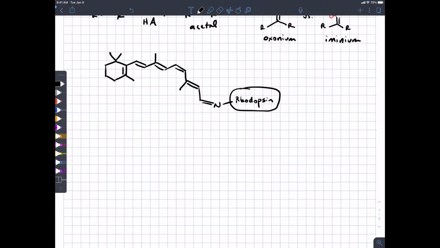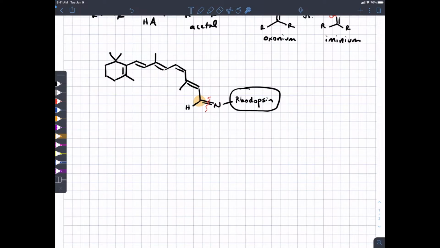But this molecule is normally an aldehyde. Notice the way that we can recognize whether an imine comes from an aldehyde or a ketone is to find the carbonyl carbon and see what it's bonded to. Here, a carbon and then a hydrogen. If we broke this bond, we would have an amino group on this side and a carbonyl on this side.